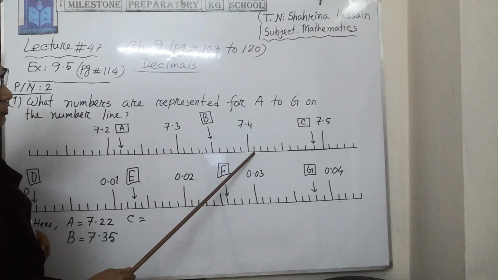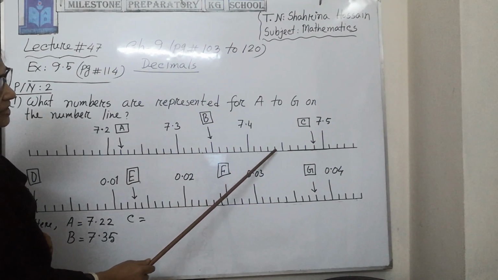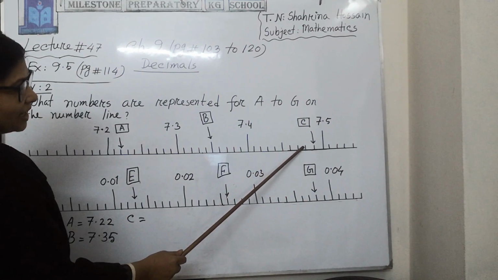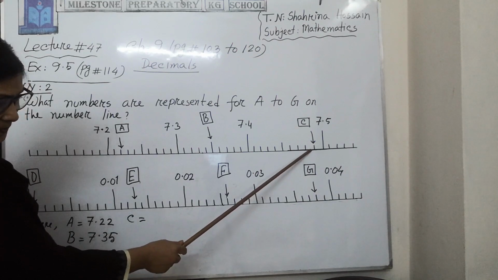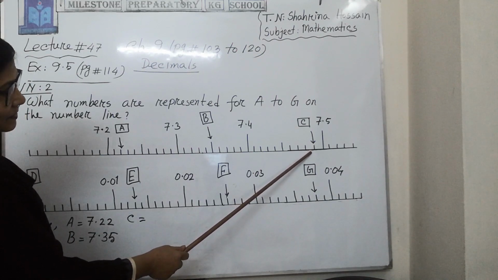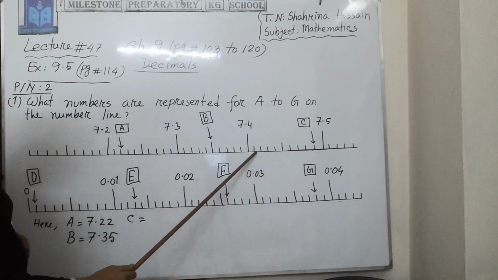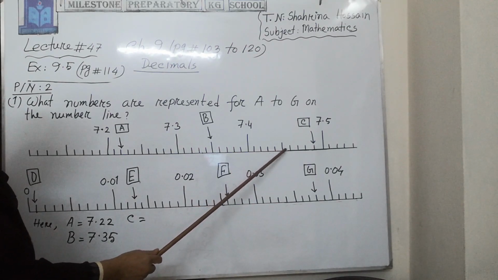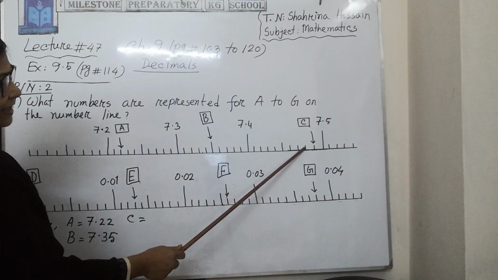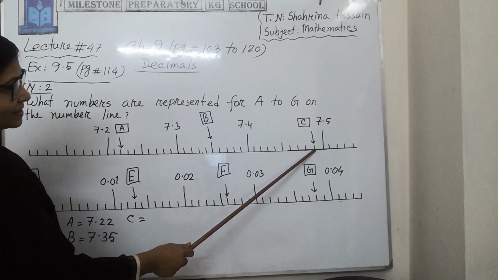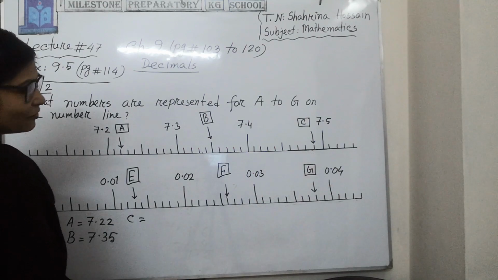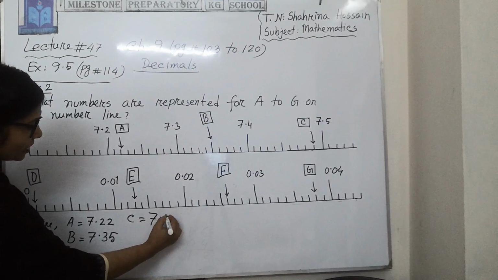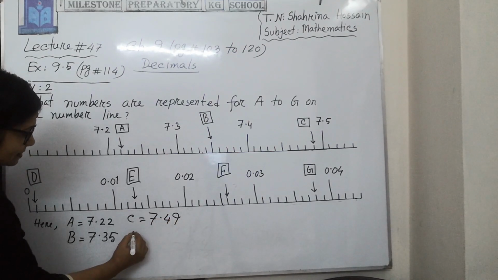So 7.41, 42, 43, 44, 45, 46, 47, 48, 49, and that means this is 49. C's position is 49. That means 7.49. Then D.